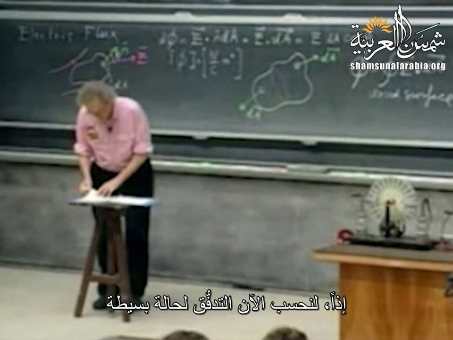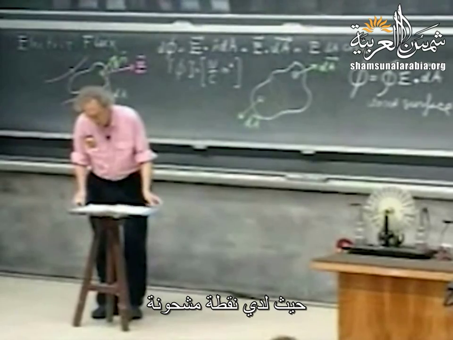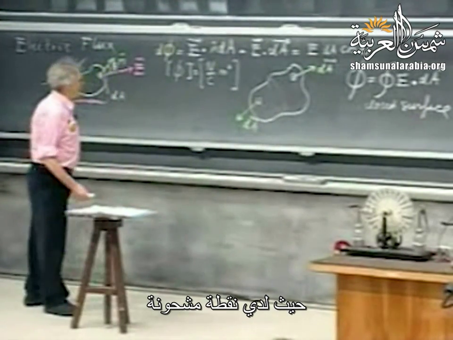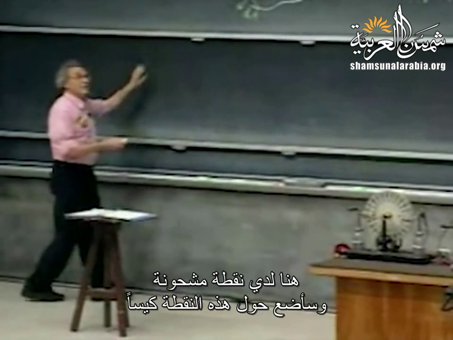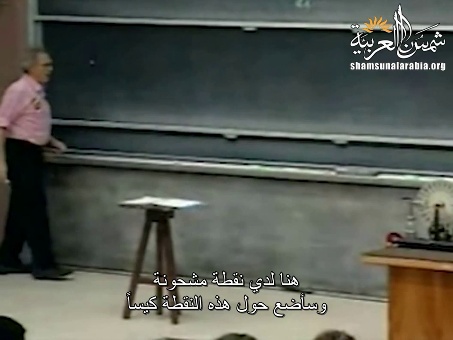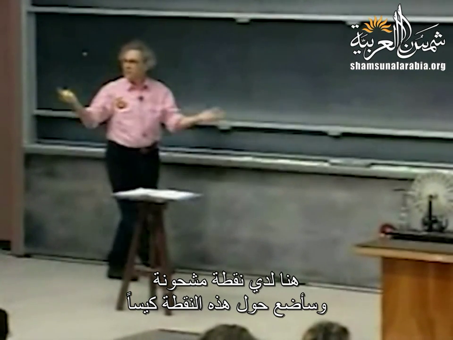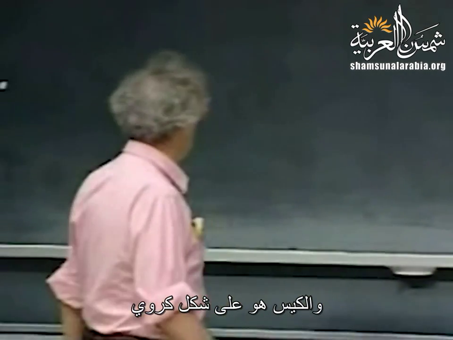So let's now calculate the flux for a very simple case where I have a point charge. So here, I have a point charge, and I'm going to put a bag around this point charge, and the bag is a sphere.